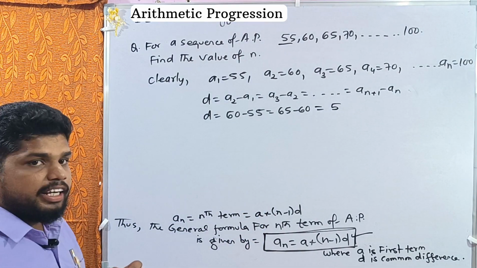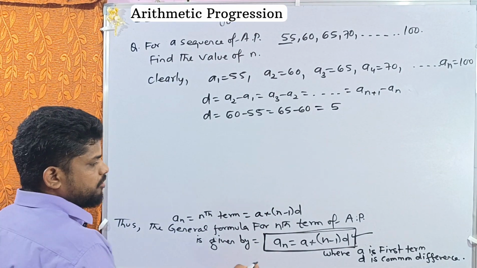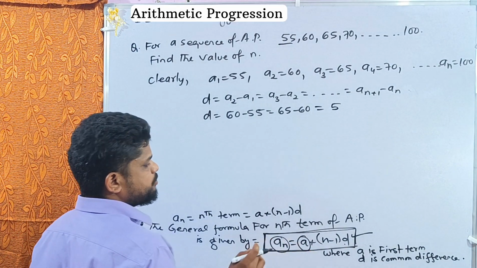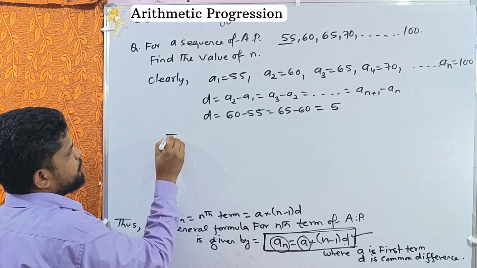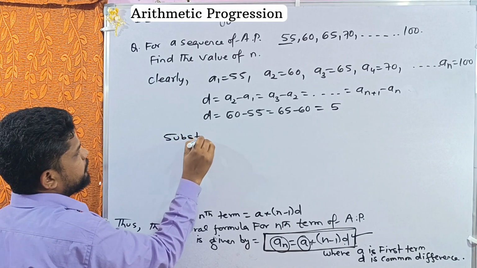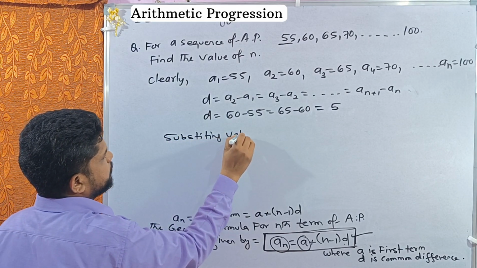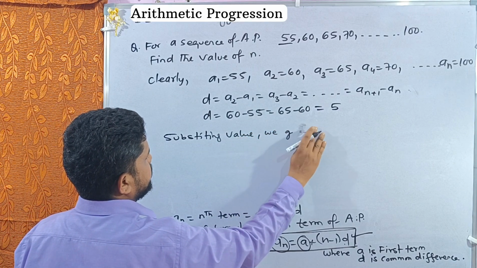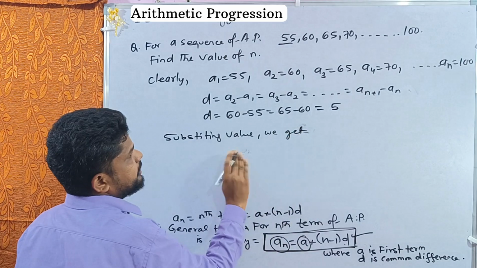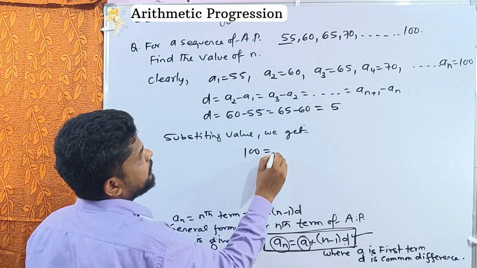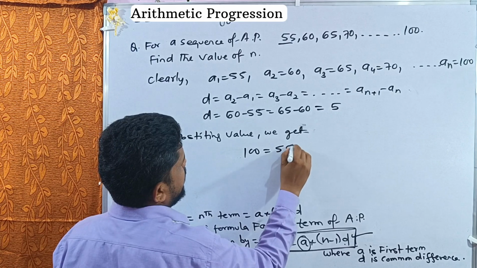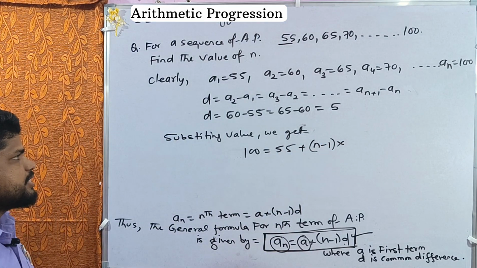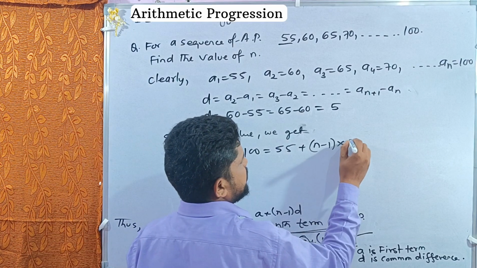Now we will substitute the value of the nth term, first term and common difference in this formula. Here an is 100, the first term is 55, n minus 1, and the common difference d is 5.